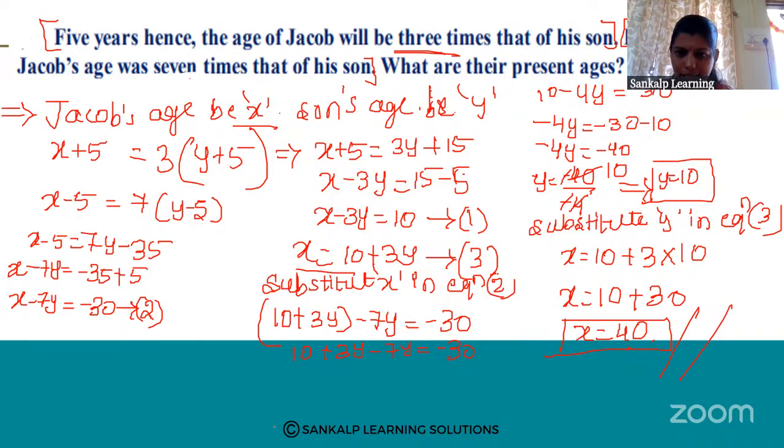So, the present age: Jacob's present age is x equal to 40 and his son's age is y equal to 10. Right? This question can be asked for 3 marks. So, shall we move to the next question?